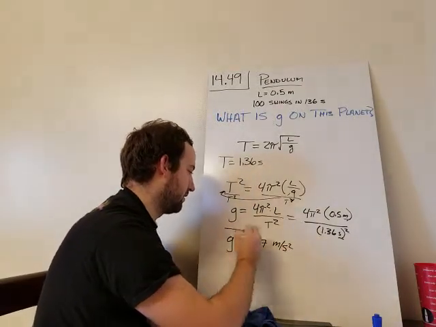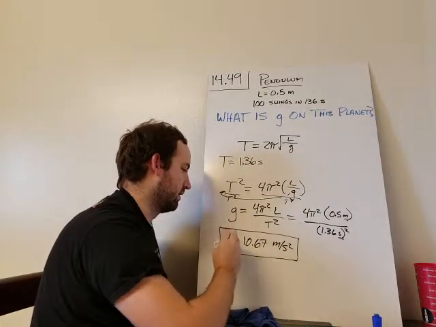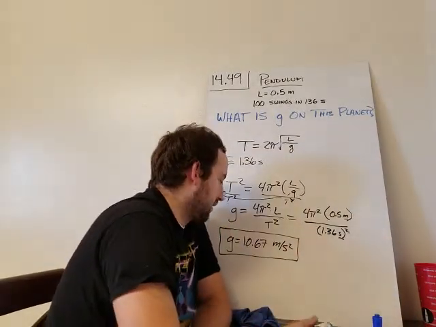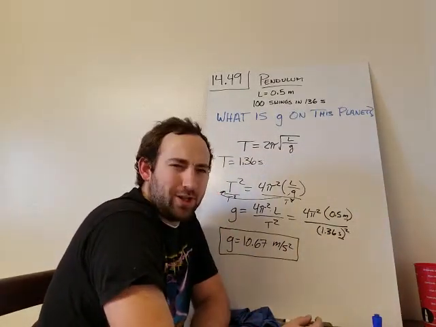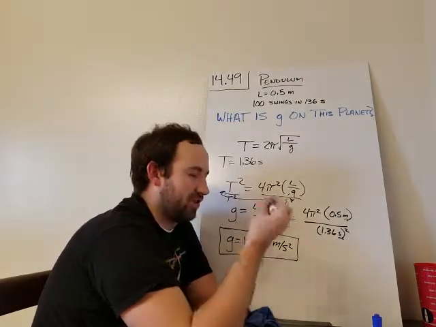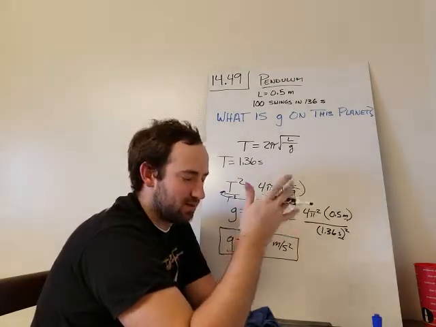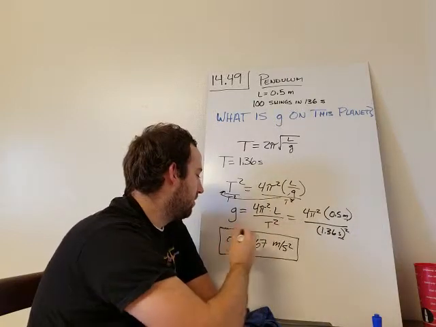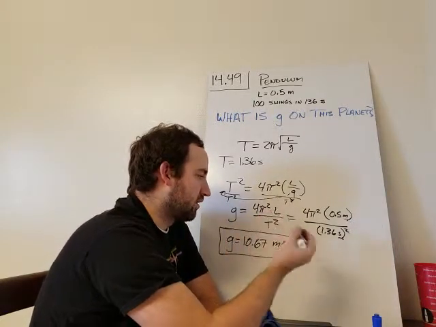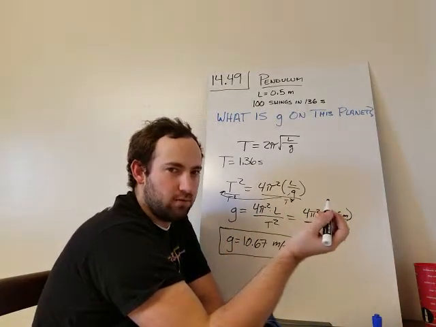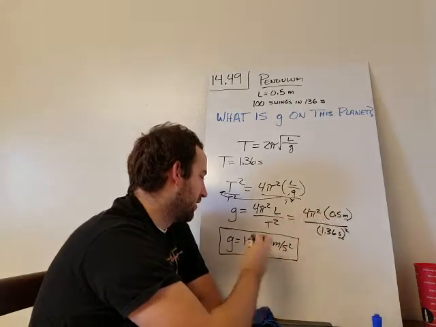So that is going to be the gravity on this unknown planet, which would be really interesting because we know that on Earth, this isn't part of the problem, this is just for fun, the gravity is 9.81 meters per second squared.